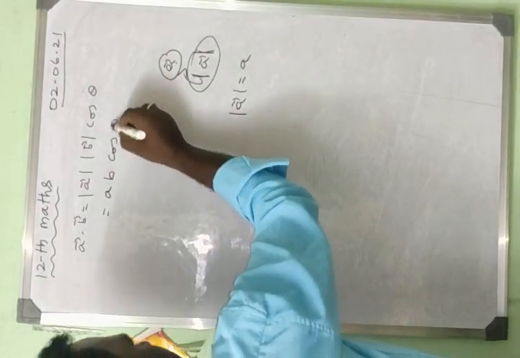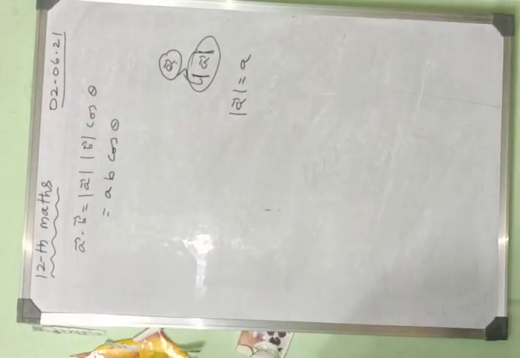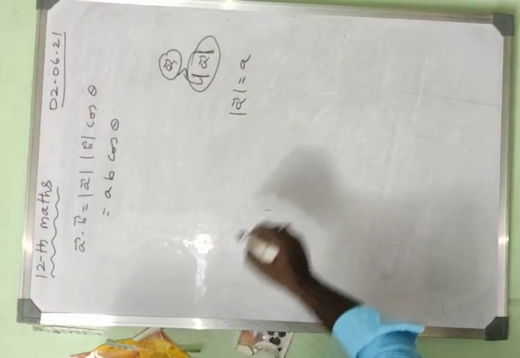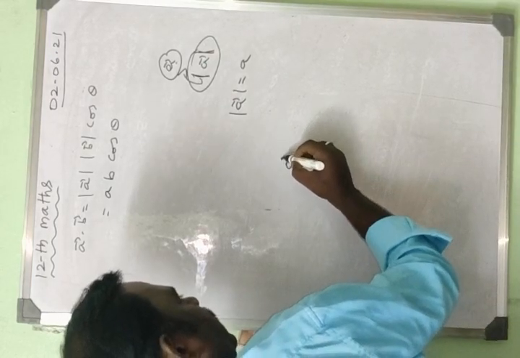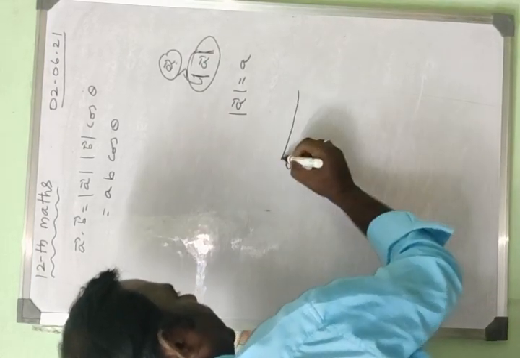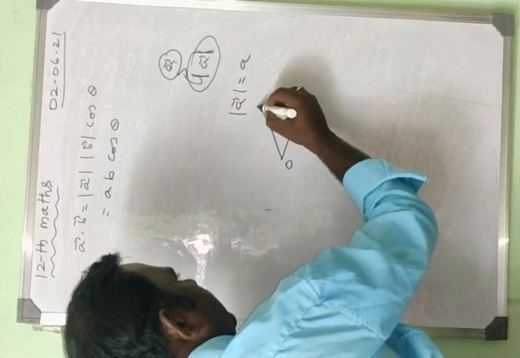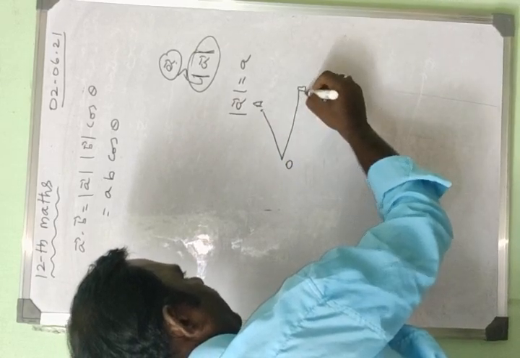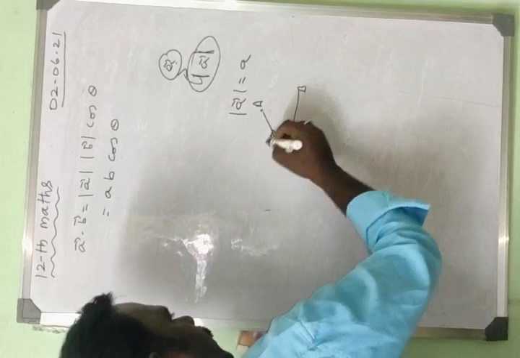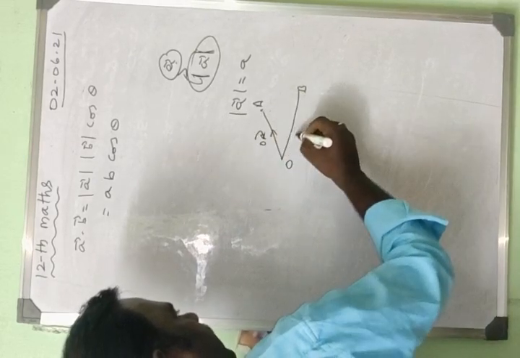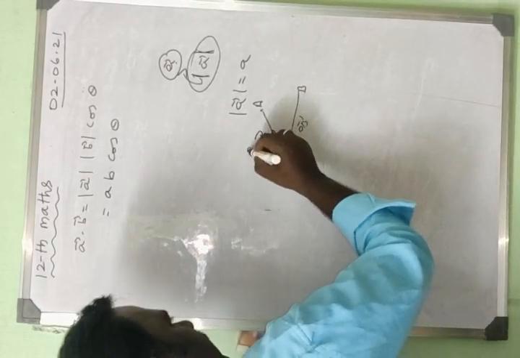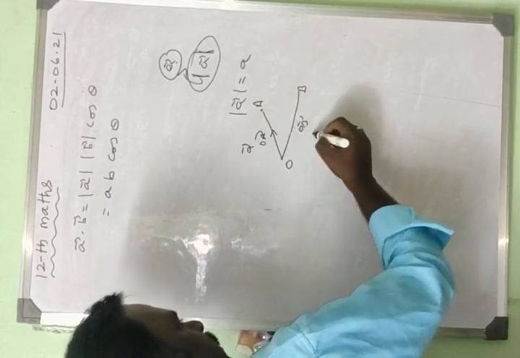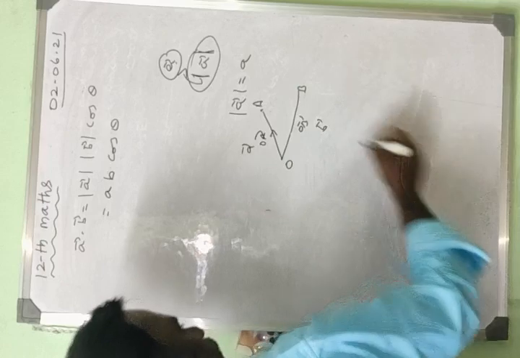Next, suppose this is the origin O. Now we take two points, A and B. This is vector OA and this is vector OB, position vectors. We take OA equal to vector A, and OB equal to vector B.